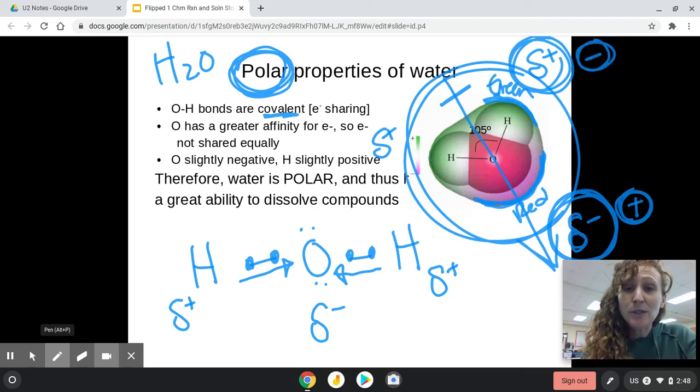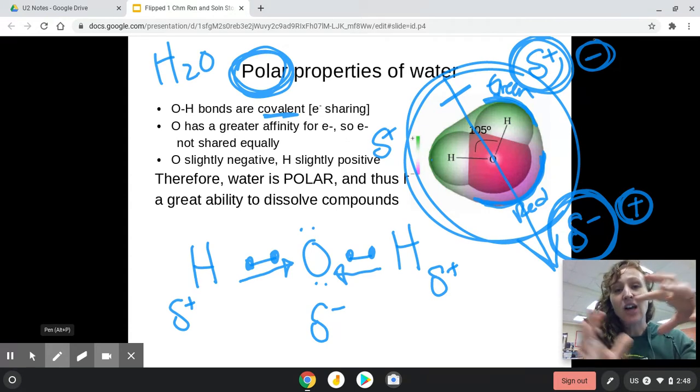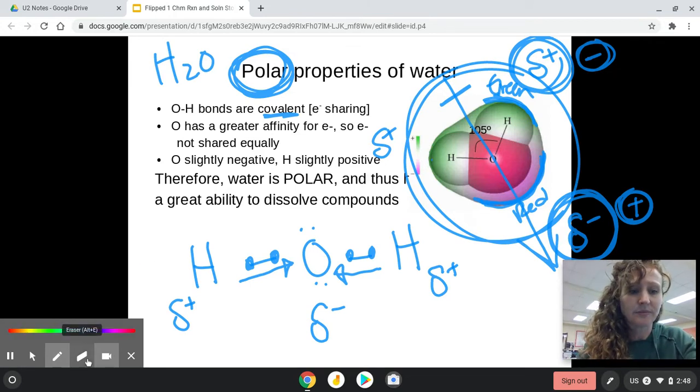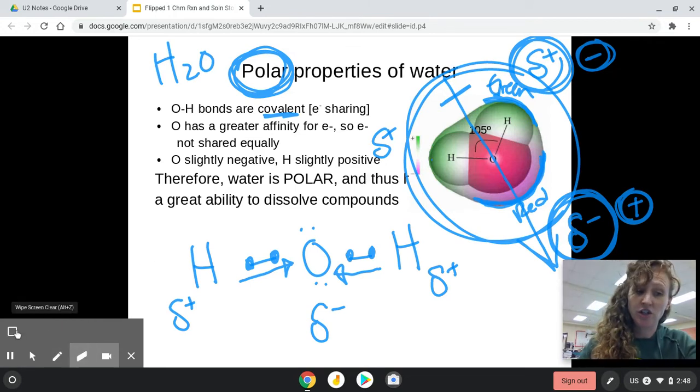And so as a result, water, which is highly polar and small, can dissolve things that are charged because water is polar. If water wasn't polar, it wouldn't be able to dissolve charged things. It wouldn't be able to attract charges. But because water is polar, it can attract charges. It can dissolve charged things or partially charged things.